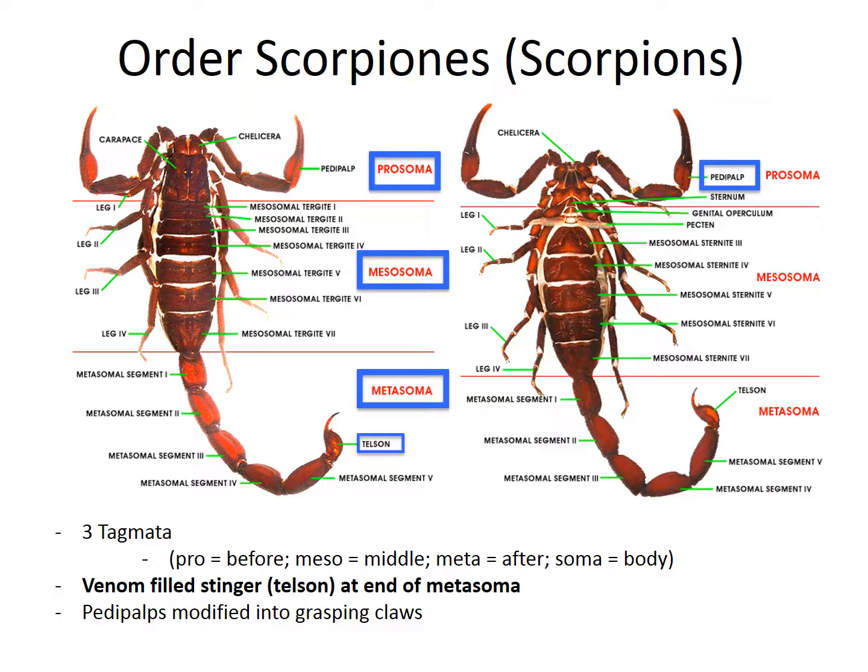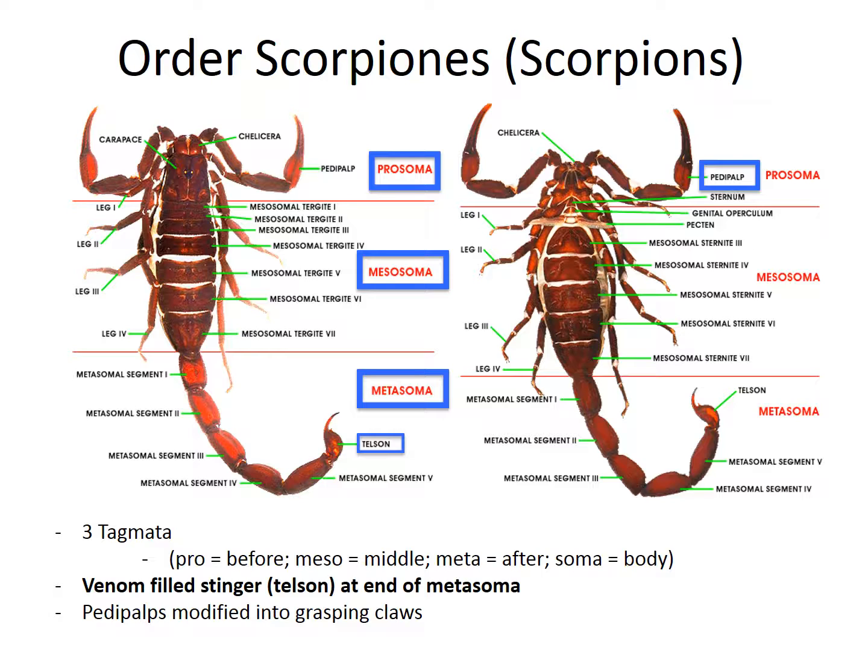In reality, this is based off of a two-segmented body plan where the prosoma would still be the front of the body, and the mesosoma and metasoma combined would really be that hind body. But we separate it out a little bit differently in order to talk about these regions.